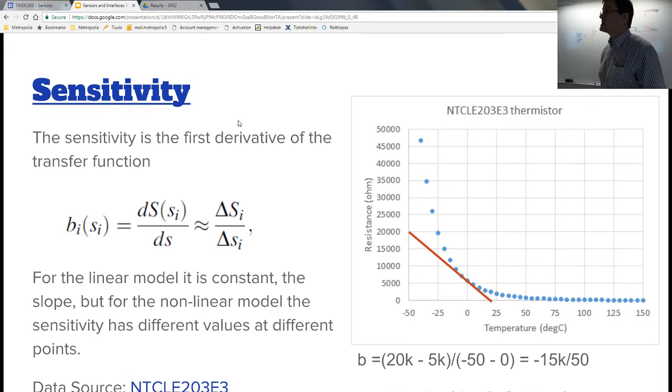Okay, doesn't say much to me. 20 kilo ohms, and then that E3 gives the sensitivity, I think. Okay, but anyways, as you can see, it's an exponential curve, which means that sensitivity also depends on which part of the curve you are in. If you are on a linear path, then the sensitivity is more or less constant on that linear path. Okay.